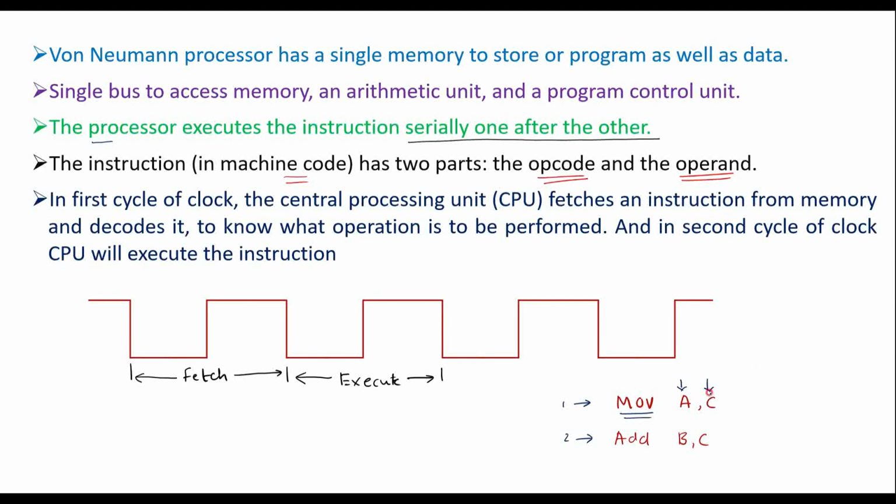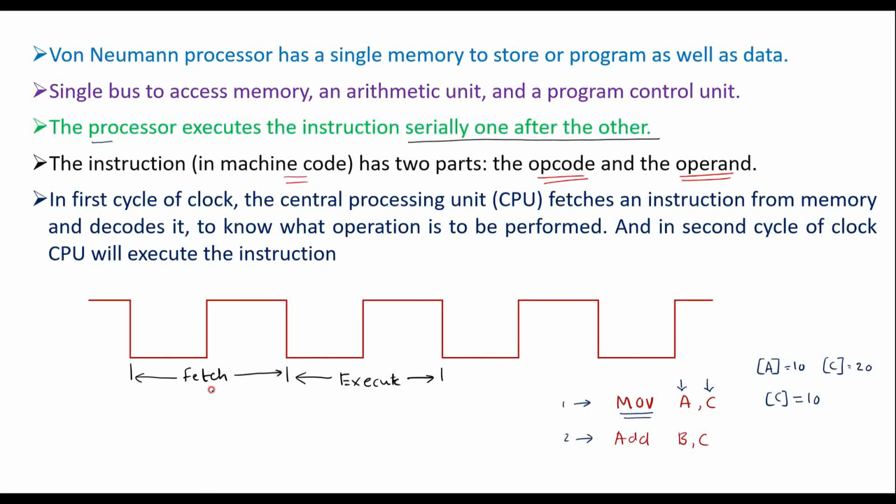Suppose before execution of the instruction, the content of register A is 10, and the content of register C is 20. After execution of this instruction, the content of C will change to 10, that is, the content of A will be copied into C. Therefore, after execution, the content of C will become 10.